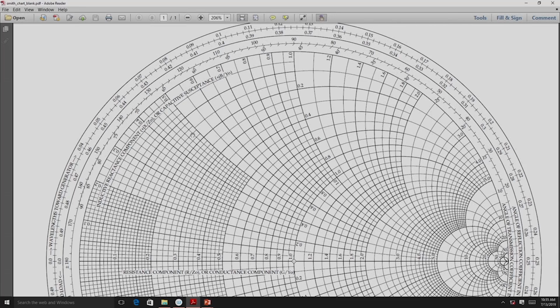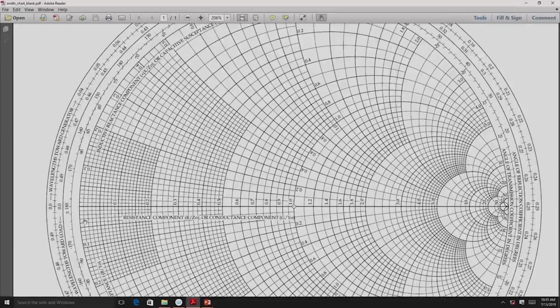So, you can see that all these circles are very closely spaced now, and this part of the Smith chart represents the inductive reactive component, that means j x by Z naught, when it is used as an impedance chart. Smith chart can also be used for calculation of admittances. So, this part will also represent j b by Y naught.